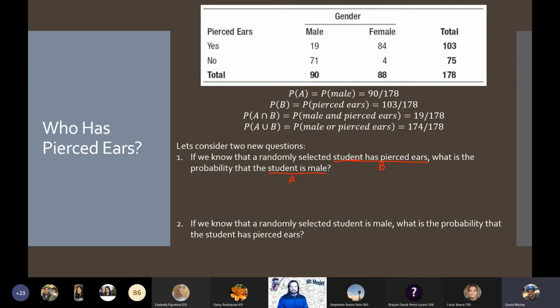We're considering what do we know? What is given? Do we know that event A has occurred, or do we know that event B has occurred already?